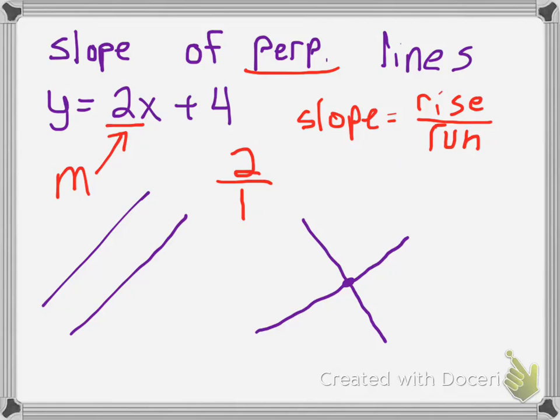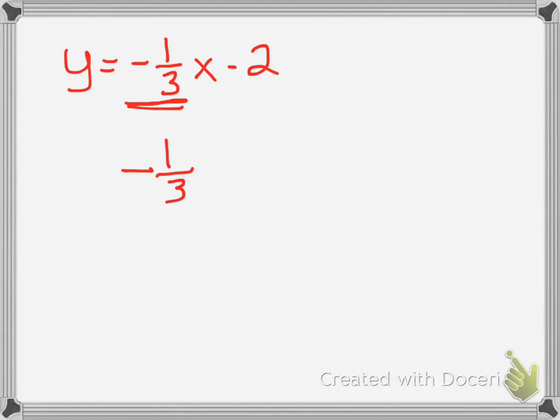Now, if I had a slope, let's just look at a line here. Let's say I have y equals negative 1/3 x minus 2. My slope is obviously negative. It already has a run. Remember, rise over run.